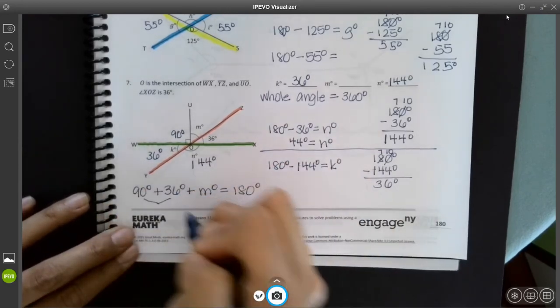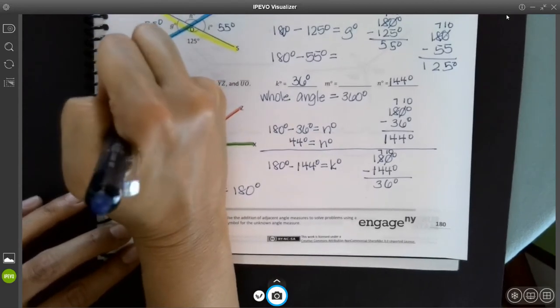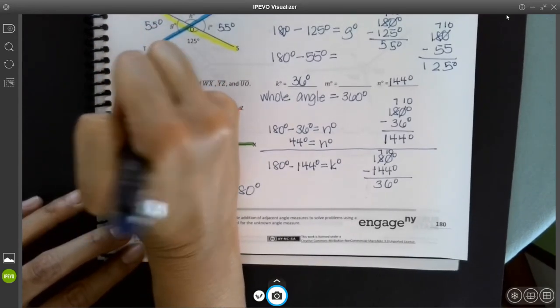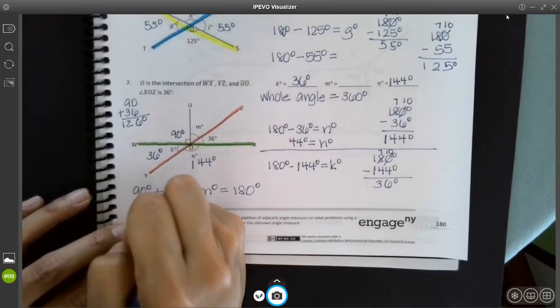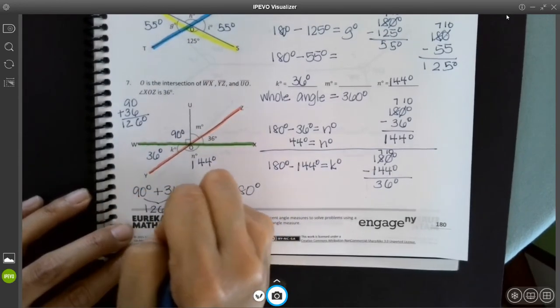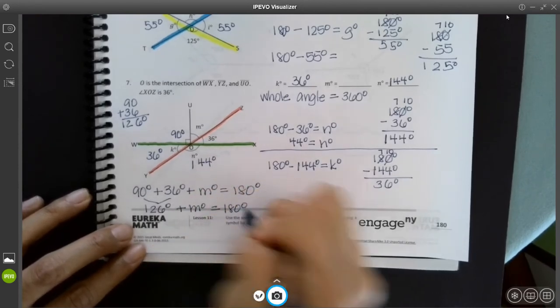I'm going to add these together. 90 plus 36 is 126. So 126 degrees plus m equals 180 degrees.